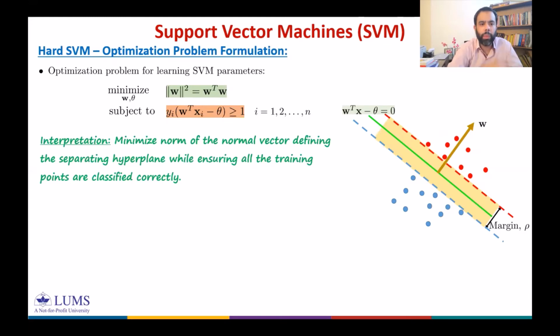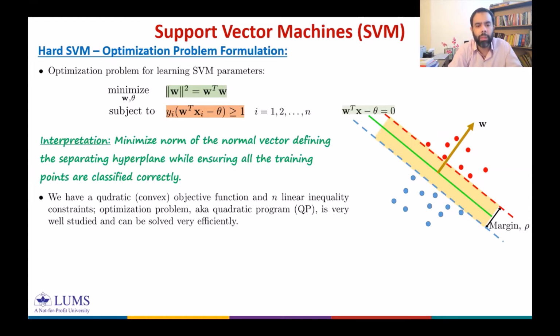How do you see this problem? This objective function is quadratic and it is convex, and inequality constraints are linear. This type of optimization problem is known as a quadratic program.